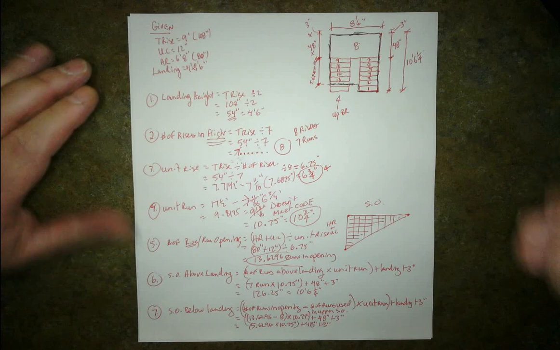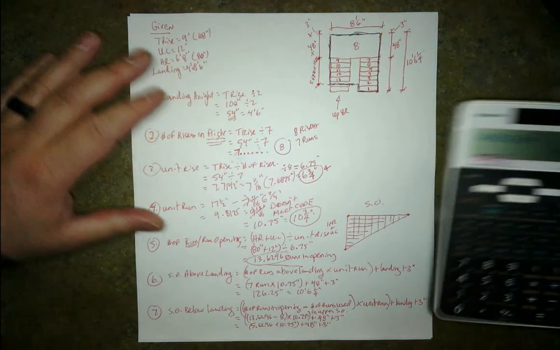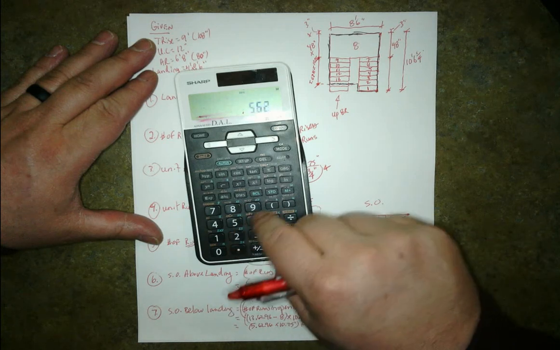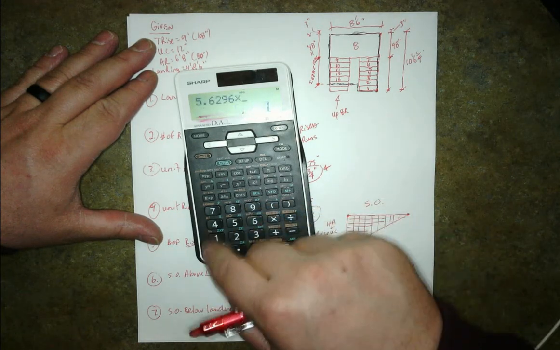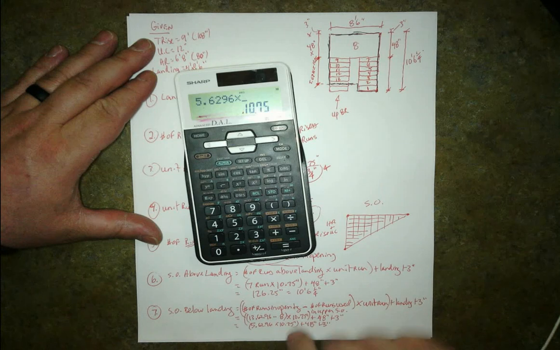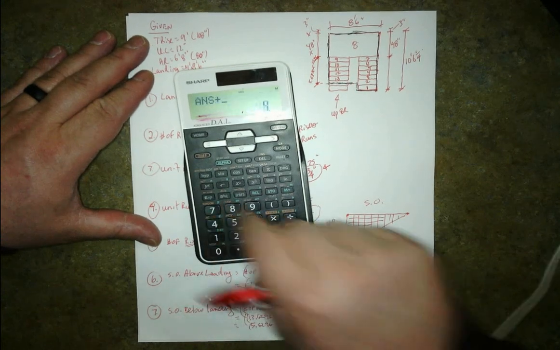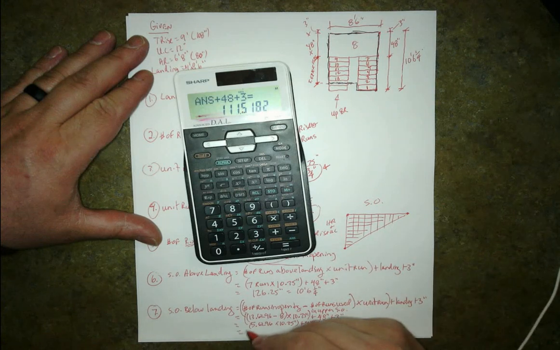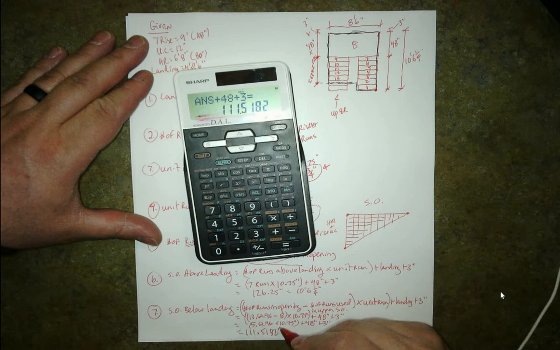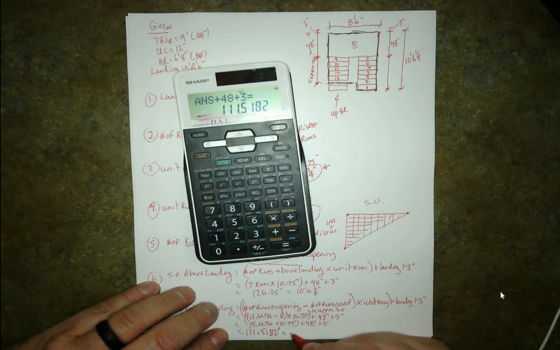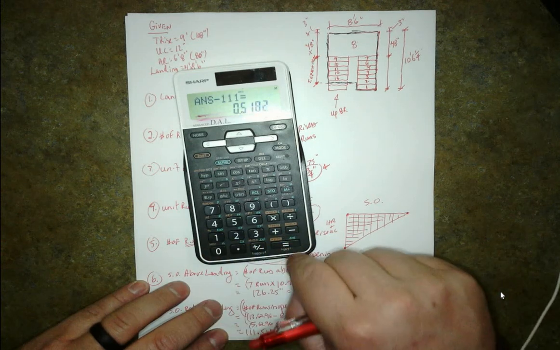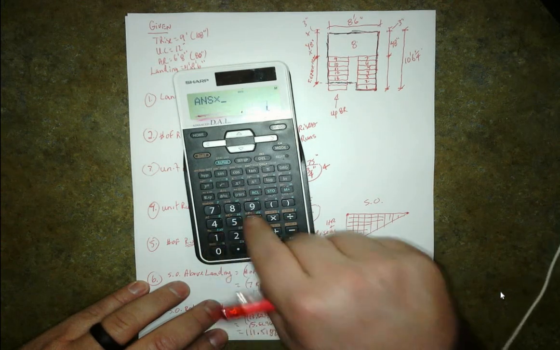So now I feel confident that I got the right numbers, okay? Let's just plug those numbers in now. 5.6296 times 10.75, press equals, add on the 48 plus 3. So I end up with 111.5182. Okay? Which is 111, so I'll get rid of the 111 there. To find the fraction, multiply that by 16.